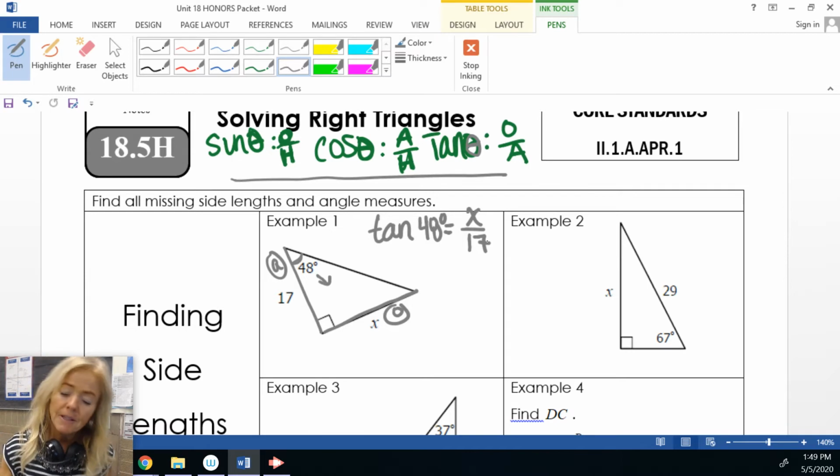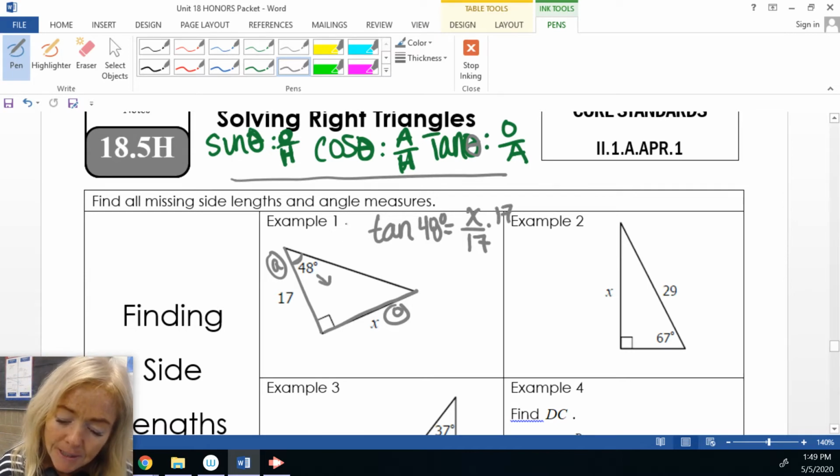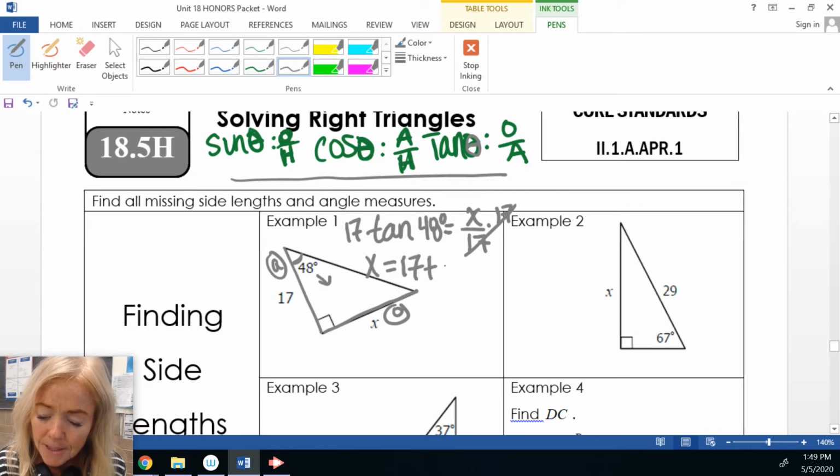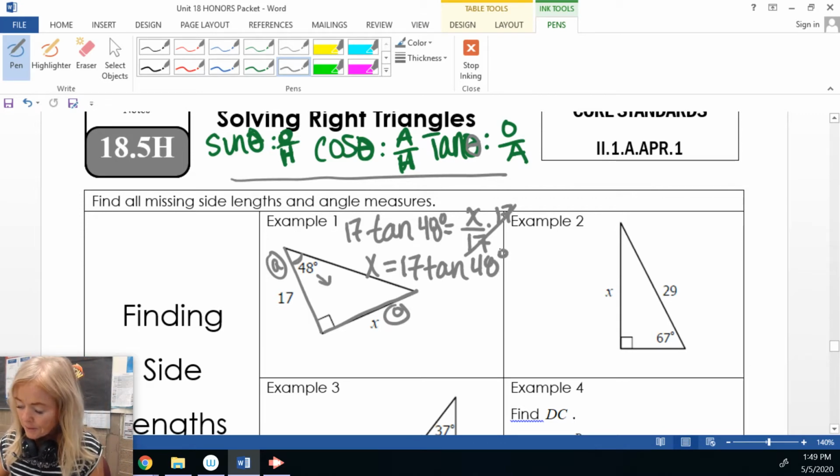And how do we solve for the x? We multiply by 17, because x is being divided by 17. So that means x is equal to 17 times the tangent of 48 degrees. And that we can put in the calculator. Before that you hit 17. I didn't tell you that. So 17 and then tan 48.